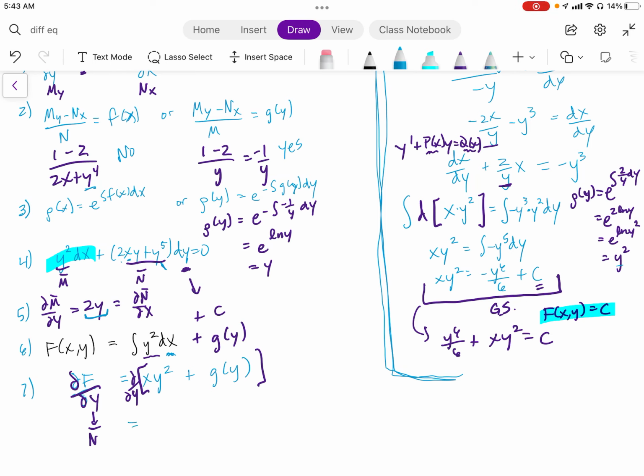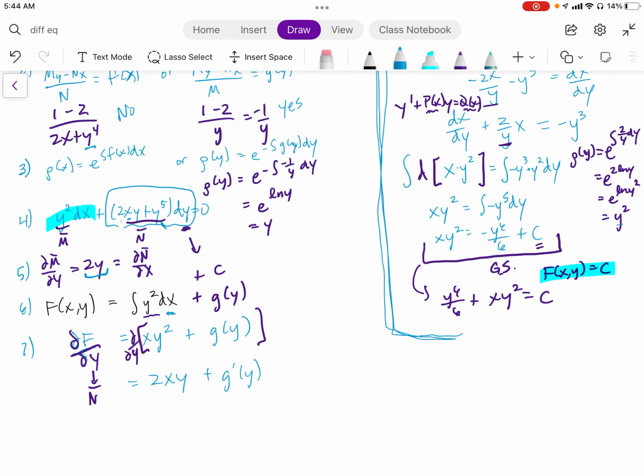So with respect to y, we'd have 2xy plus some function of y, its derivative. So why is that N bar? Because of this dy here. We integrated the first with respect to x, and now the derivative with respect to y, and that should be equivalent to N bar.